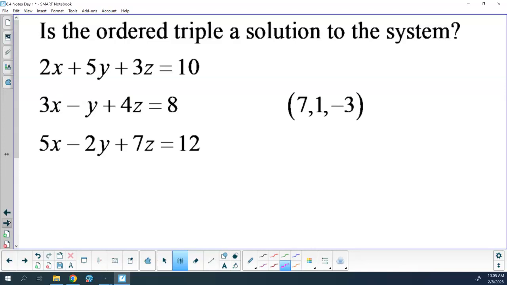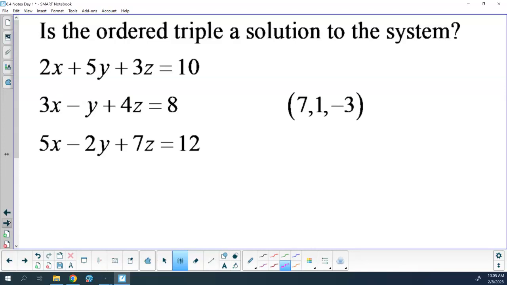I've got an X, I've got a Y, and I've got a Z. Again, in alphabetical order for that one. Okay. So is that ordered triple, 7, negative 1, negative 3, an ordered triple solution for this system?